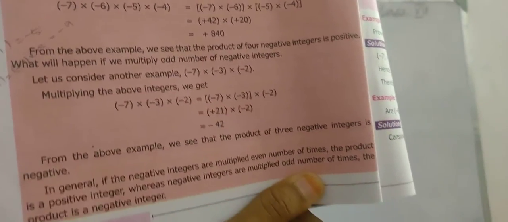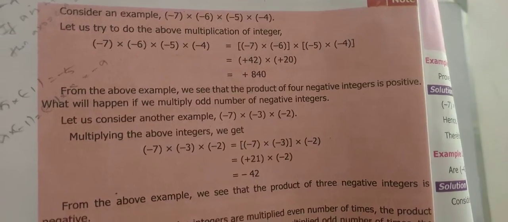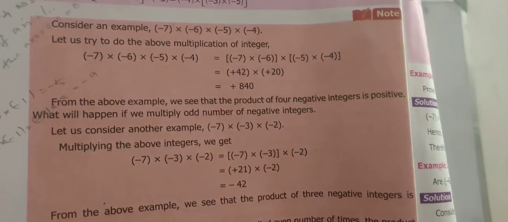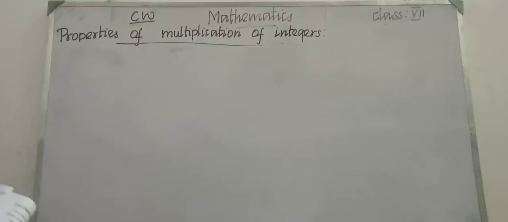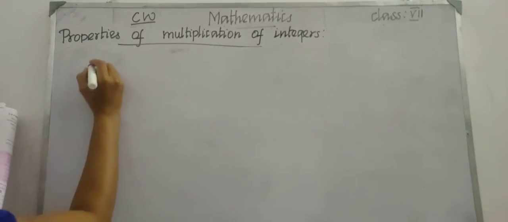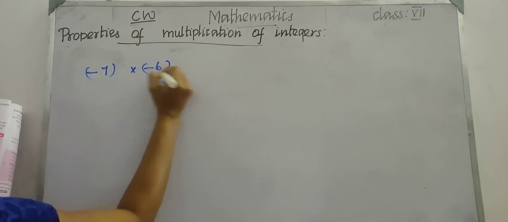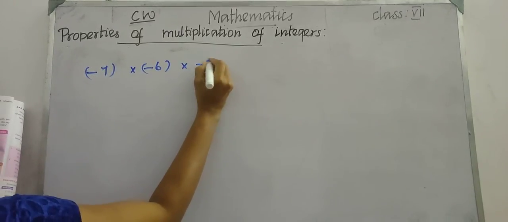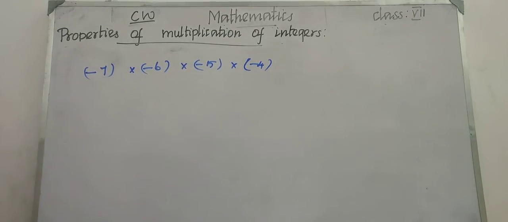Children, see the note on page number 18. Have you all taken page number 18? See the note. They have given an example, right? So let us do the example on the board. Minus 7 into minus 6 into minus 5 into minus 4. Okay children, how will you solve this?